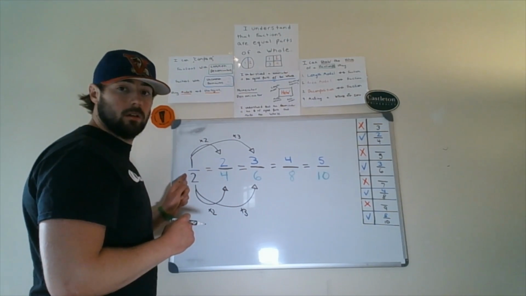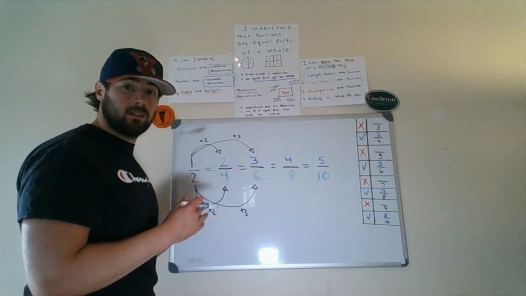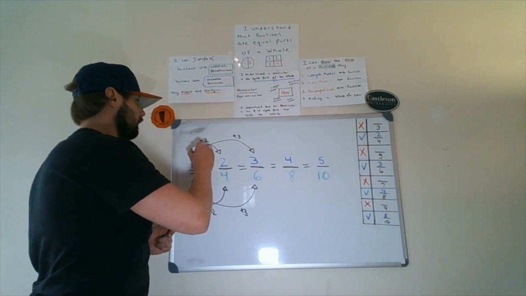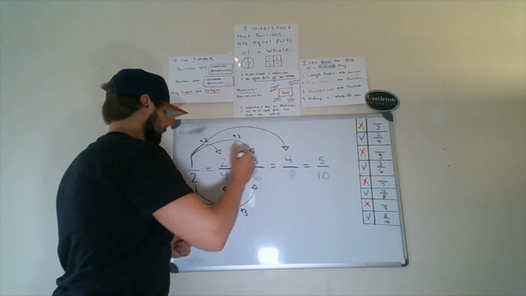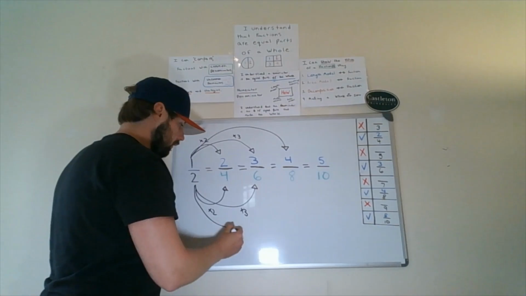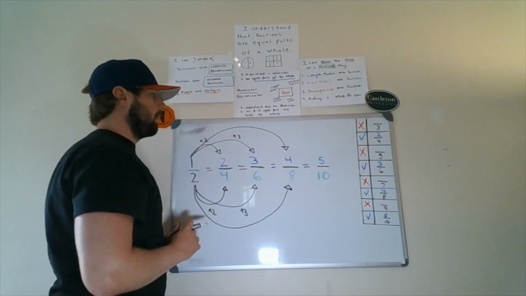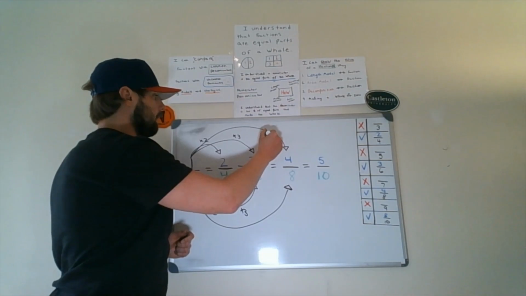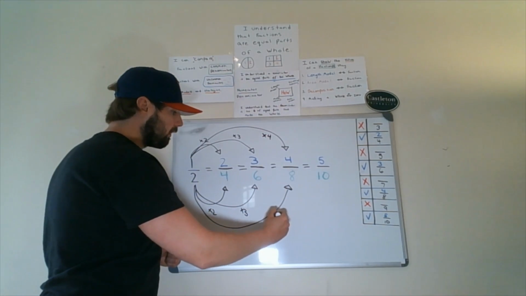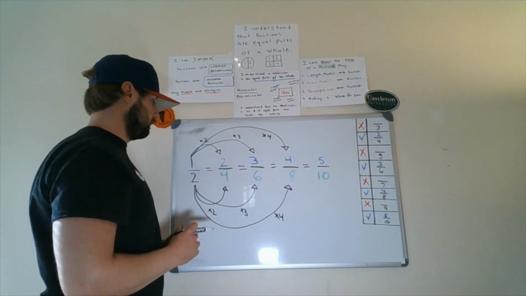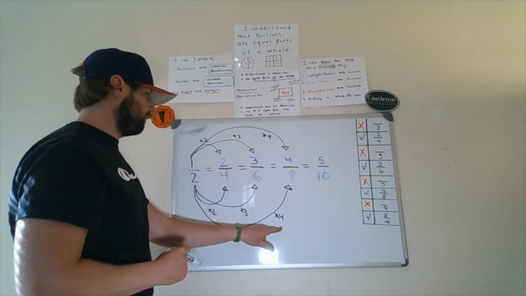When we found 1/2 was equivalent to 4/8, we were making those equal parts smaller, multiplying, making them smaller by 4 times. 1 times 4 is 4. 2 times 4 is 8.